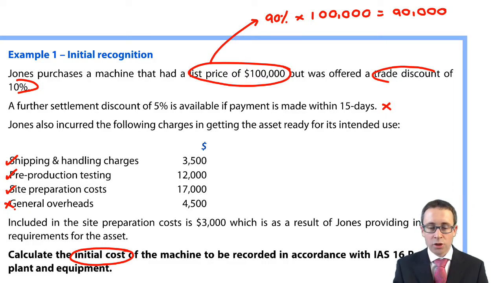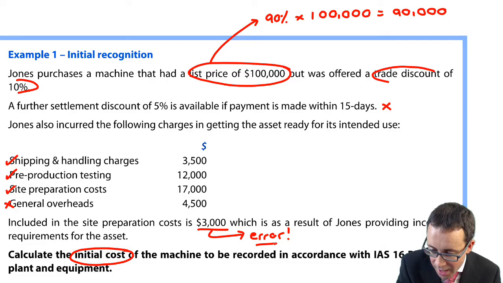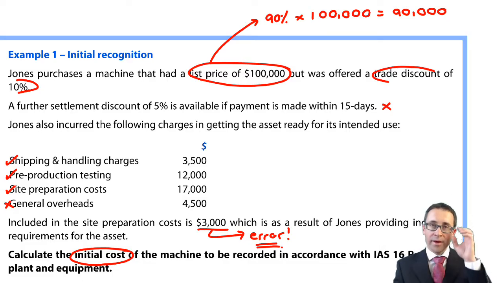Just be careful. It does say included in the site preparation cost is $3,000, which is as a result of Jones providing incorrect requirements for the assets. So that 3,000 comes about because of an error in providing some of the information.